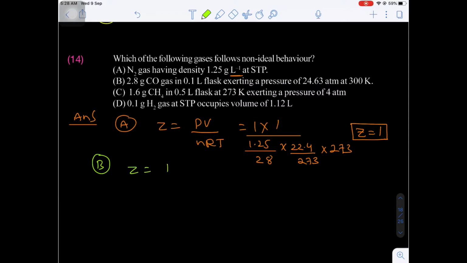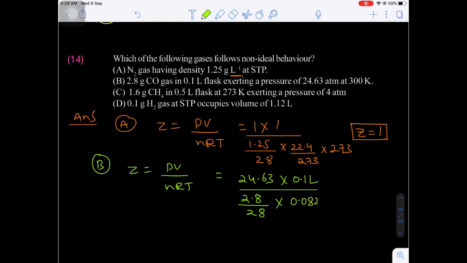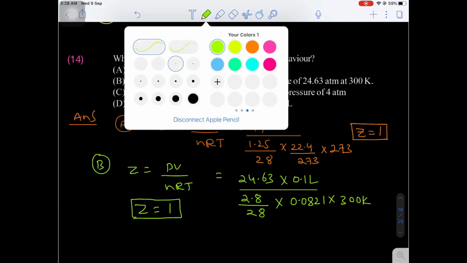Now in option B, again we calculate the compressibility factor Z, which is equal to, what is the pressure given? 24.63 atm and volume of the vessel 0.1 liter, whole divided by the number of moles, given mass 2.8, molar mass of carbon monoxide 28, R value 0.0821 and the temperature given 300 Kelvin. Are you getting my point? After simplification of this, again you will get Z value equal to 1. This is also an ideal gas.